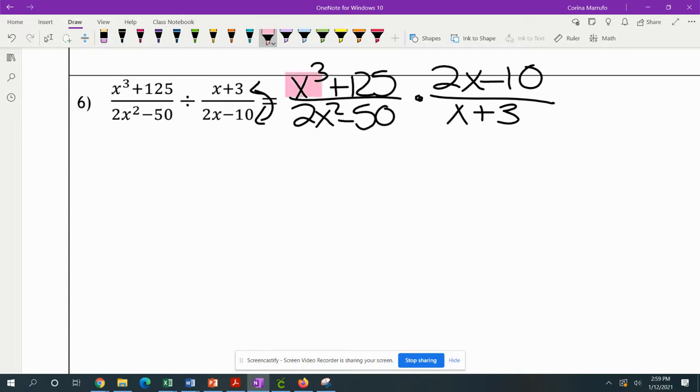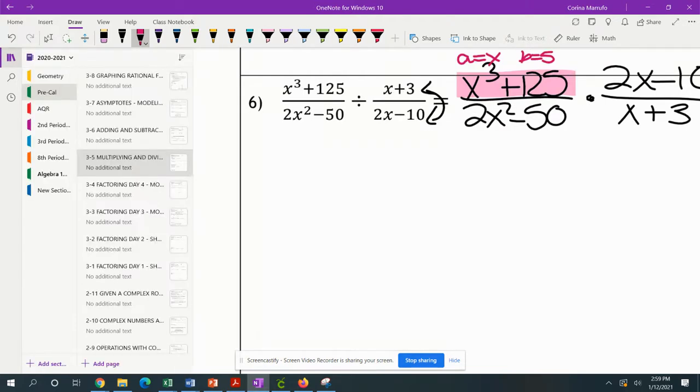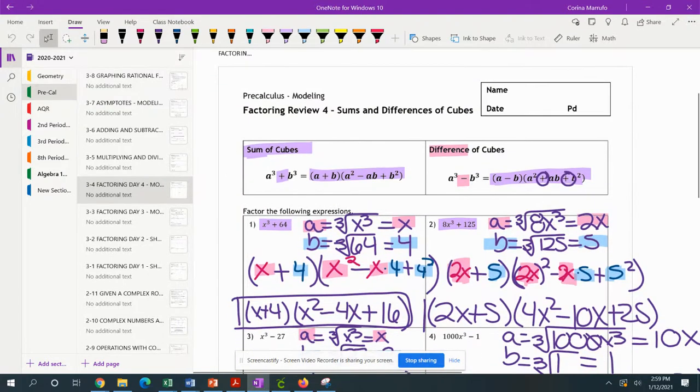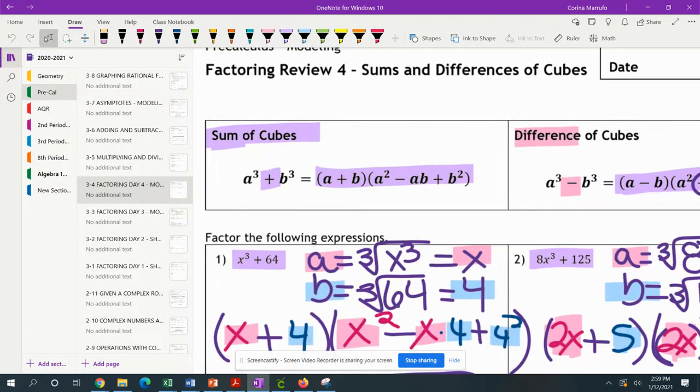So the x cubed plus 125. On that one, if you remember from the previous lesson, a is going to equal x and b is going to equal 5. Let me go back real quick so you guys can see the formula. Here it is. When you have a cubed plus b cubed, it's going to be a plus b, and then a squared minus a times b plus b squared.